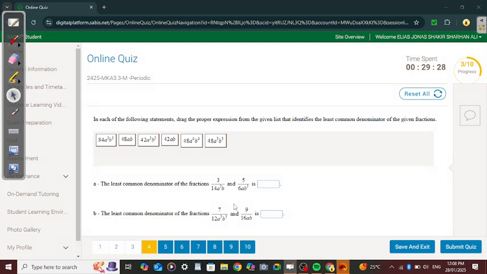Here they just want the least common denominator. So we could just ignore the numerators. 14 could be split up into 7 and 2. And then a cubed is just 3 a's. And there's 1 b. 6ab cubed, 3 and 2 is what 6 is split up into. 1 a and 3 b's.